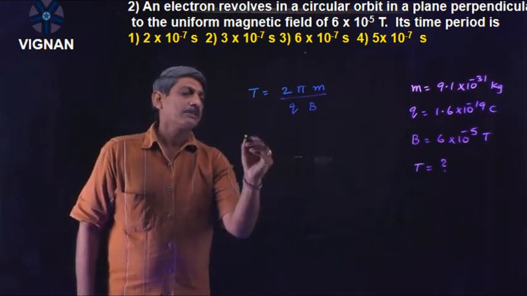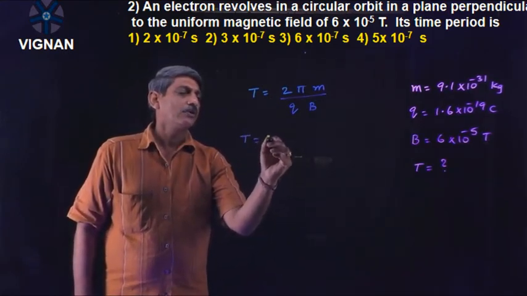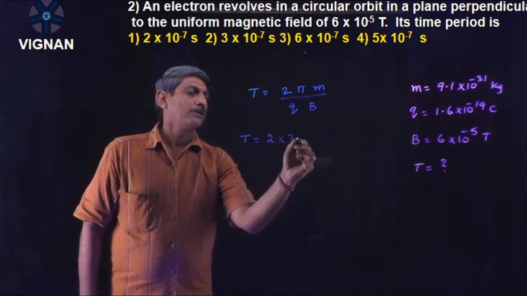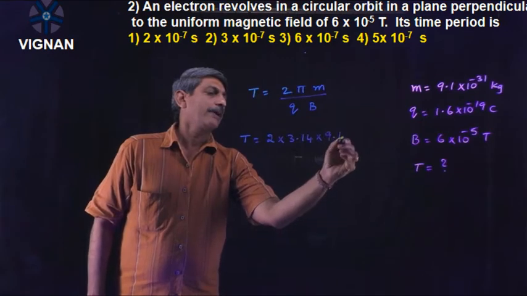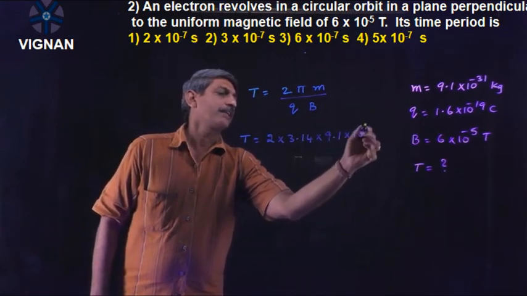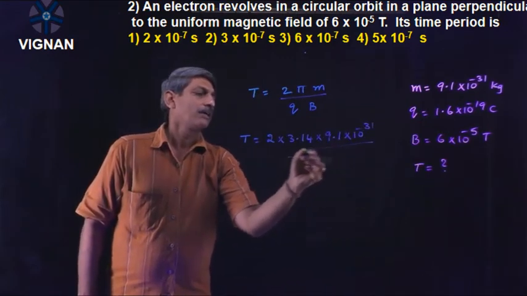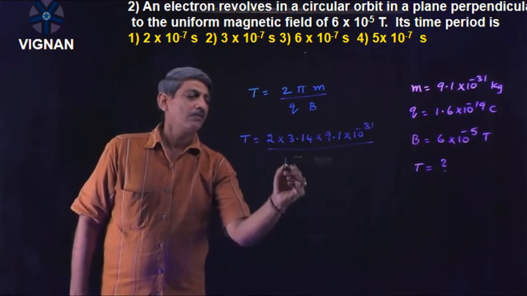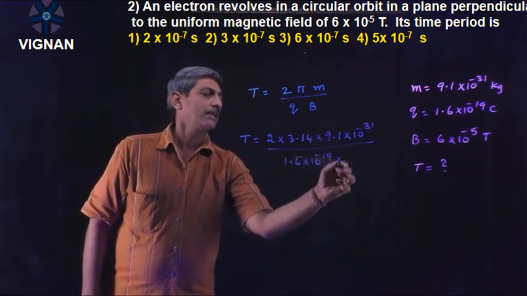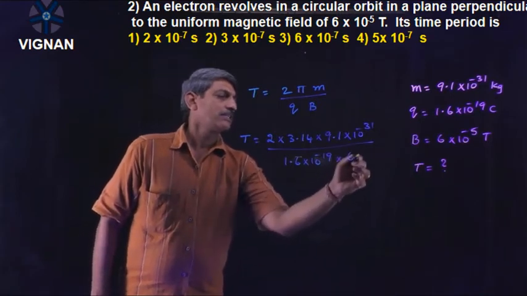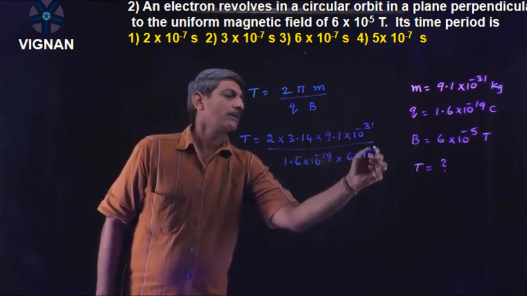It becomes T is equal to 2 into 3.14 into 9.1 into 10 to the power of minus 31, divided by 1.6 into 10 to the power of minus 19 into 6 into 10 to the power of minus 5.